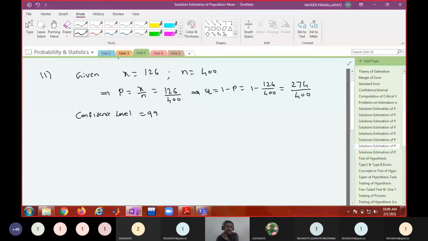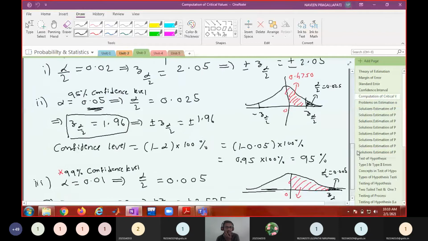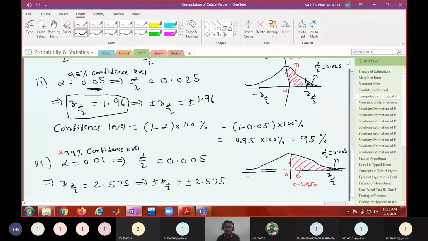So what is z alpha by 2 then? Do you remember? It is 2.575.